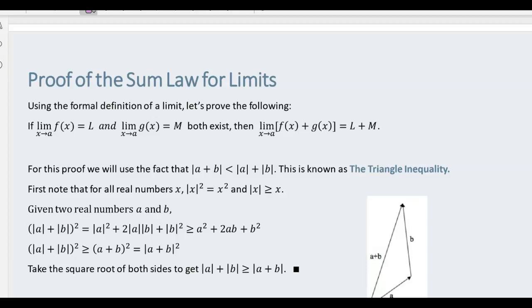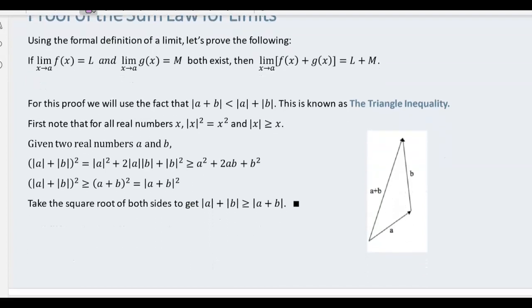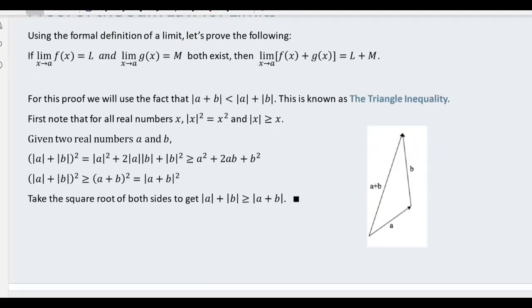Within this proof, we're going to call on what's called the triangle inequality. Some of you may have learned this when you were in trigonometry. It seems kind of obvious. It's saying that whatever the length of the longest side of a triangle is, it has to be less than if I were to add side A and side B together.